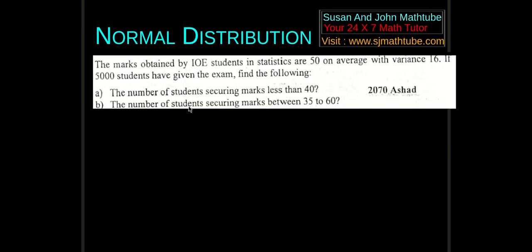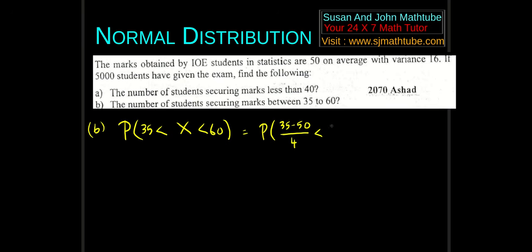Here we want the number of students securing marks between 35 to 60. So what do we do first? First we find the probability that the marks lie between 35 and 60. And you standardize it: (35 minus mu) by sigma, which is 4, less than Z less than (60 minus mu) by sigma.